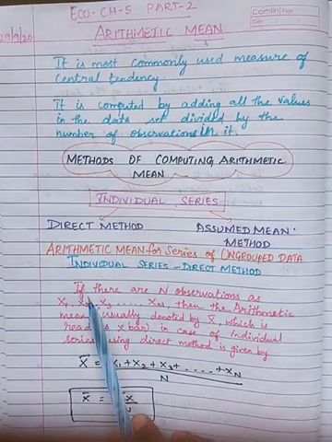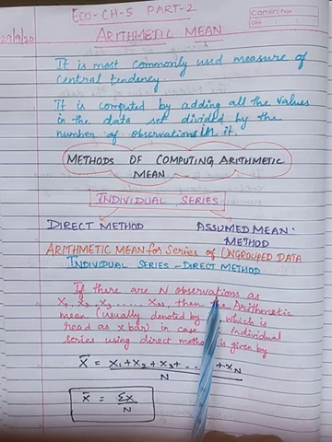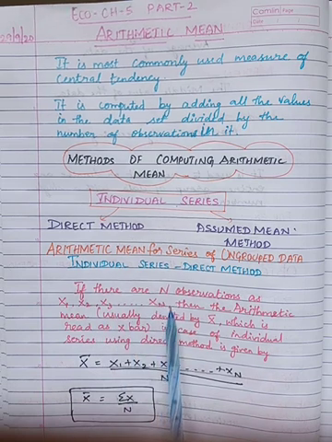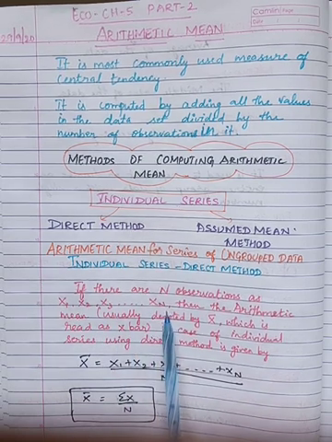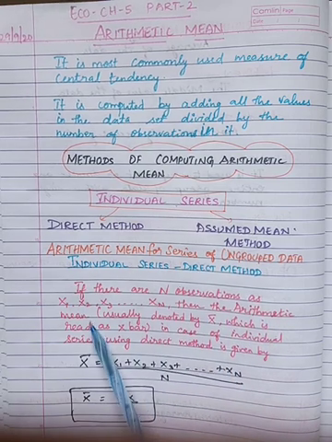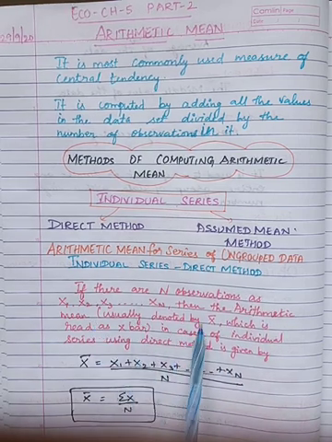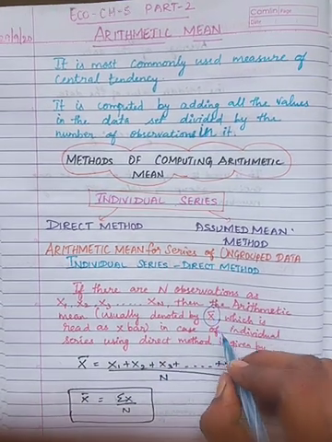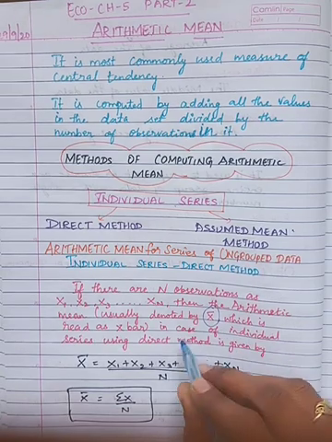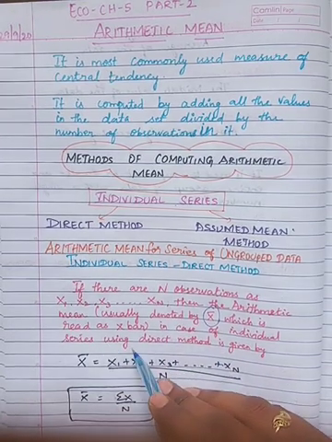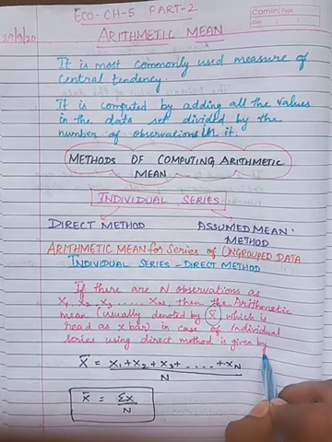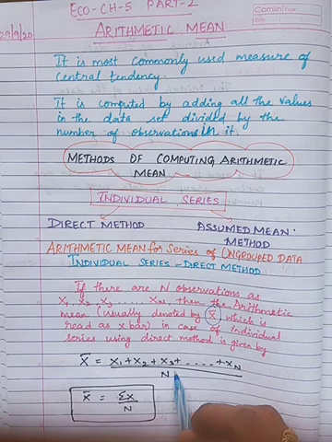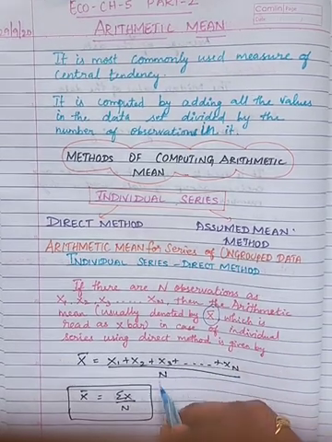For example, if there are n observations such as x1, x2, x3 till xn, that is the nth term, then the arithmetic mean, usually denoted by x bar, in the case of individual series using the direct method is given by x bar is equal to x1 plus x2 plus x3 till the nth term, divided by n.